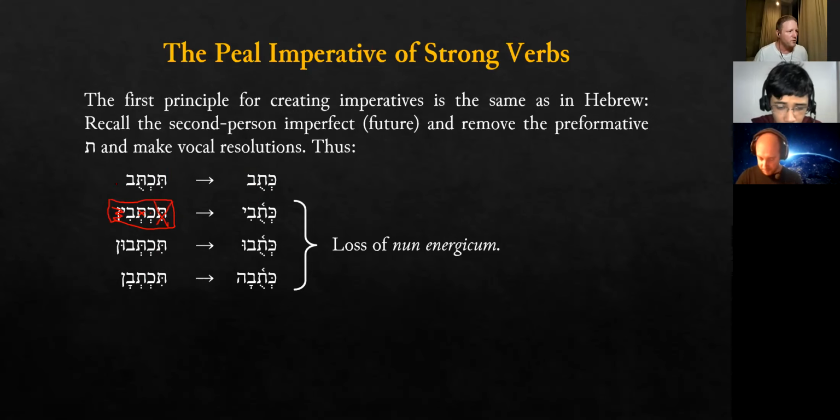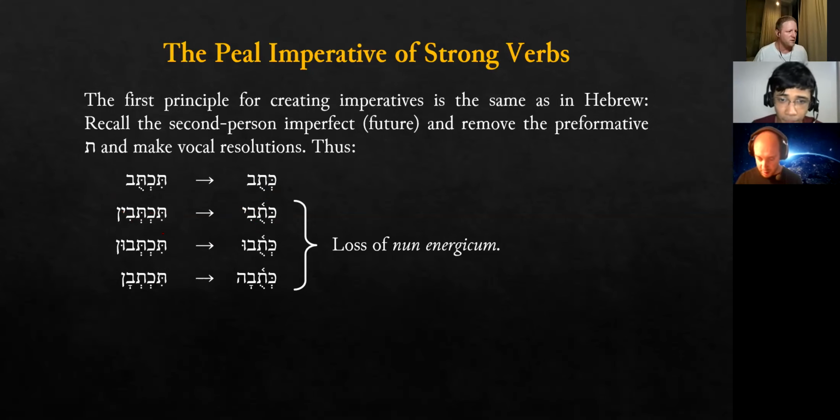And when we do that, the heavy ending disappears and the accent shifts back to the previous syllable, which becomes full as u. Just like ktuv, it becomes ktuvi. So ktuvi is the normal strong verb, second feminine singular imperative. Write thou, female.